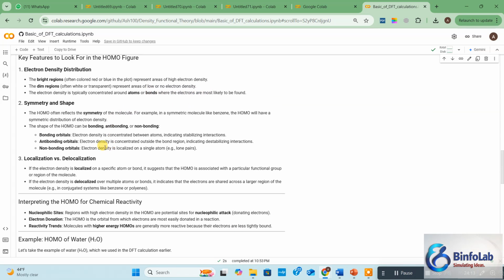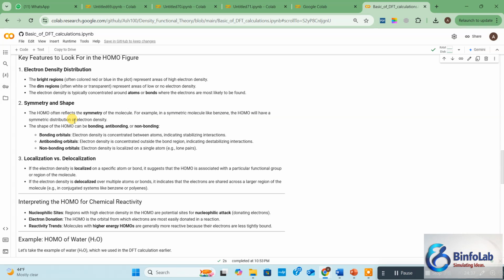Okay, it's easy. The second thing, you look for the symmetry and shape. The HOMO often reflects the symmetry of the molecule. For example, in a symmetric molecule like benzene, the HOMO will have a symmetric distribution of electron density. Some molecules are symmetric and some are asymmetric.